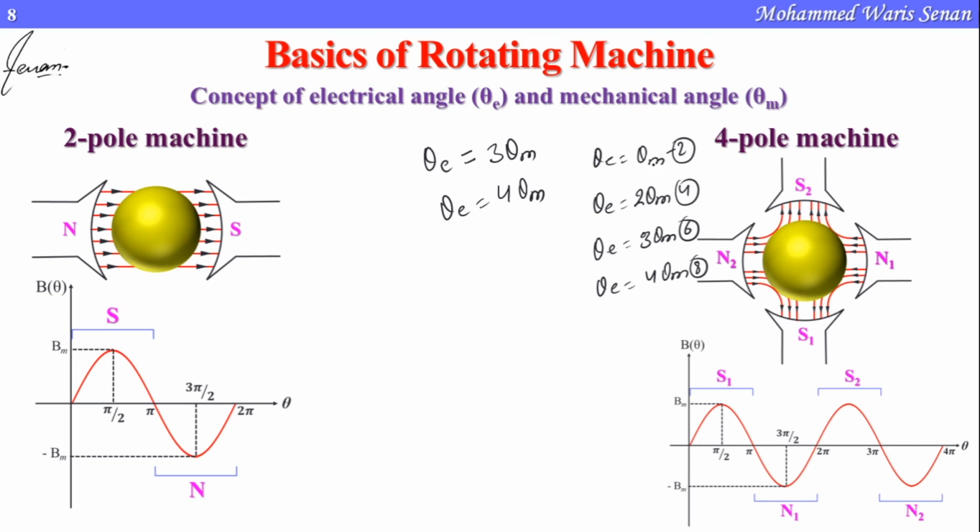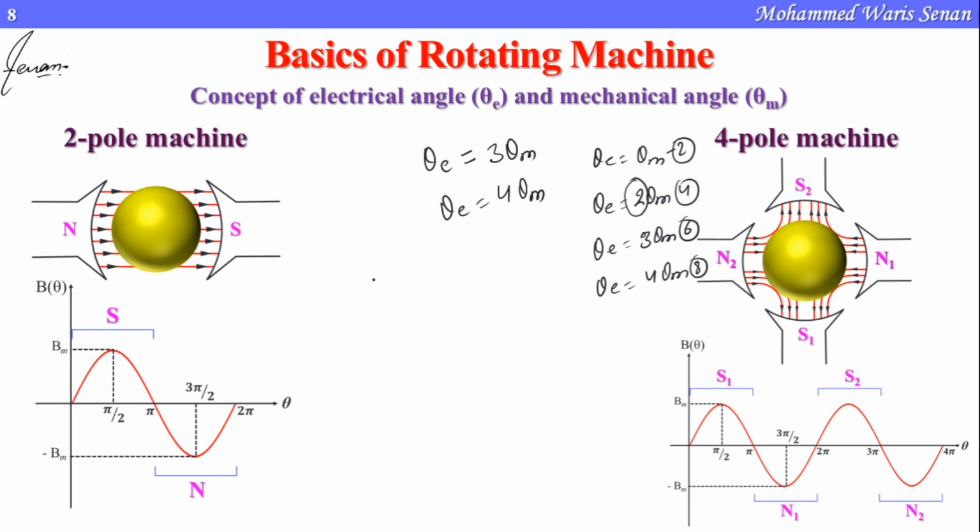So let us now derive the relationship from this concept. If there is a 2 pole machine, theta electrical is theta m. Okay, fine. Now for a 4 pole machine, it is twice. So you can say P by 2 here: 4 by 2, 6 by 2 is 3, 8 by 2 is 4.